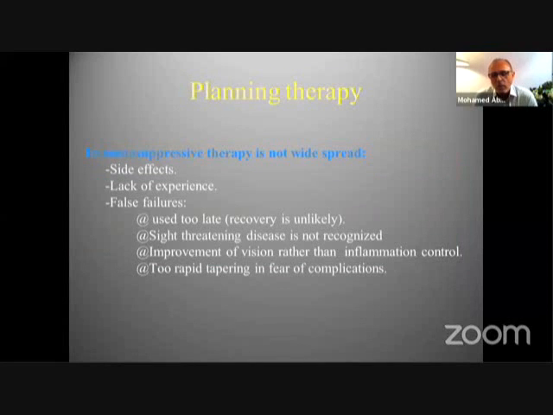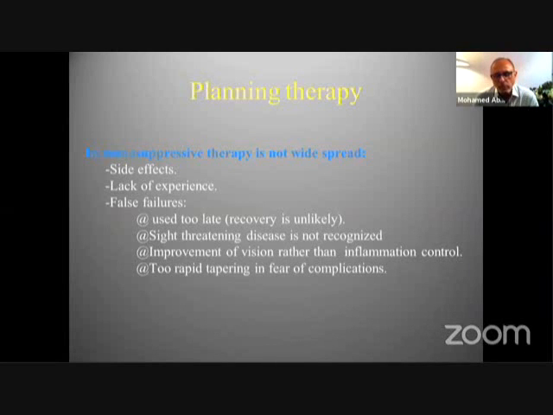The reasons why immunosuppressive therapy is not widespread in general are its side effects, the lack of experience, as most doctors don't have a lot of experience with it, and false failures, which means that a lot of the time we give the immunosuppressive therapy and do not find an improvement of vision, so we conclude that it has not been effective, whereas we were looking for control of inflammation rather than improvement of vision.